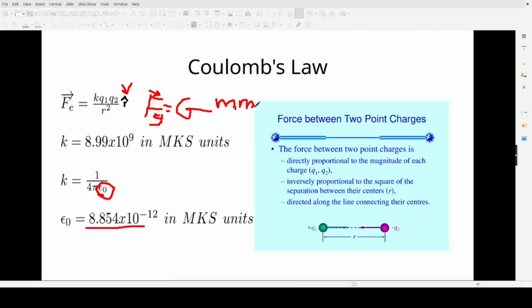Fg equals G m1 m2 over r squared, where G is the gravitational constant, which is 6.67 times 10 to the negative 11 in MKS units. Drawing with the mouse is not fun.